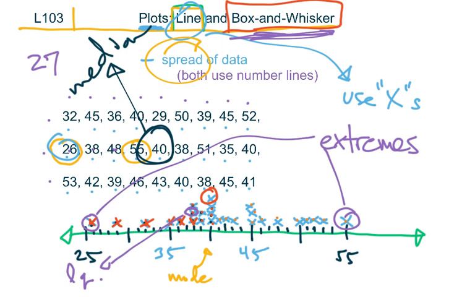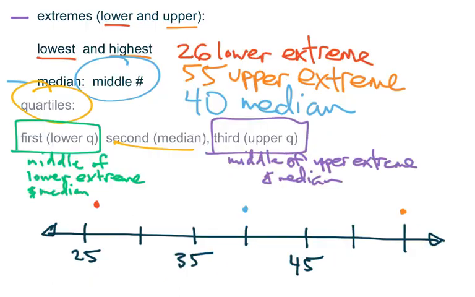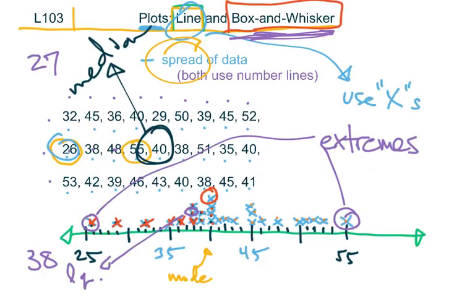And that value is 38. So when I go here, I'm going to mark that. 35, then tick, tick, tick, there's my 38. It's a little off, but there's my 38.